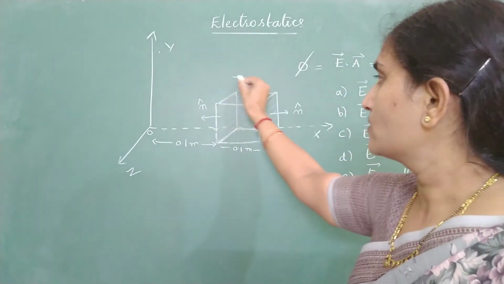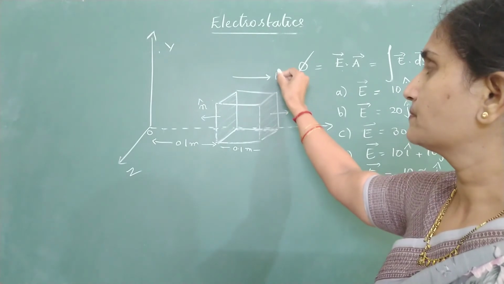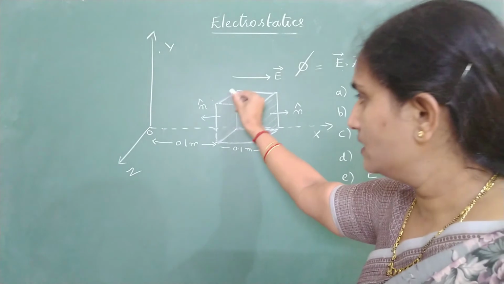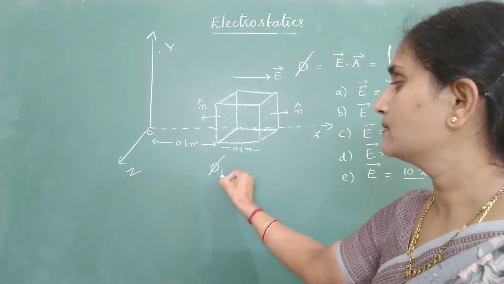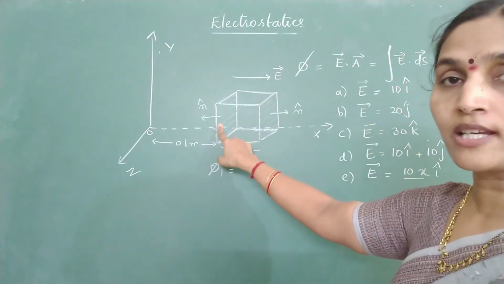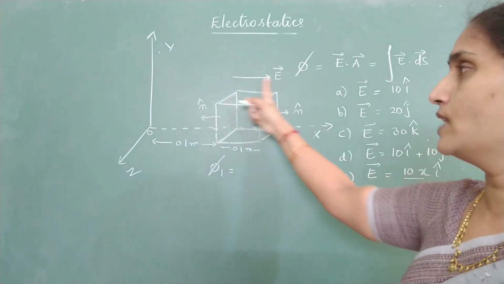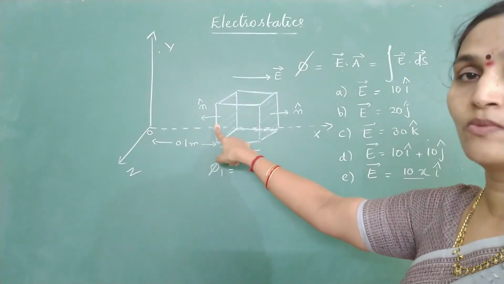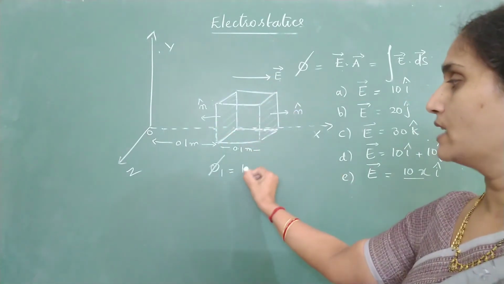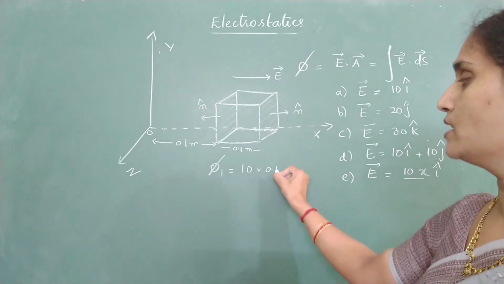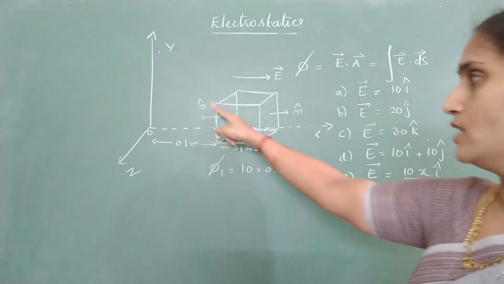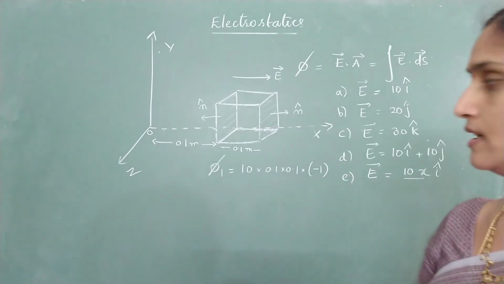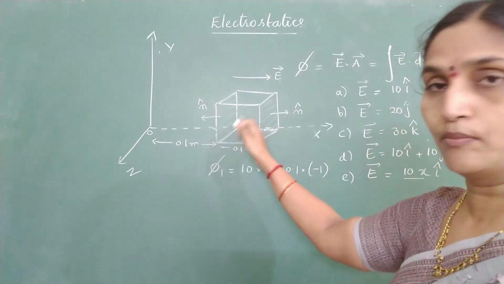See, I have given you electric field along x axis, which is having a magnitude of 10 units. For this surface, find out what is the flux. E into area vector into angle between them. Electric field is along x axis, area vector is in opposite direction, so angle between them is 180 degree. So electric field magnitude is 10, area is 0.1 into 0.1 meter, area of this plate into cos 180, which is minus 1. Flux through the first shaded portion.